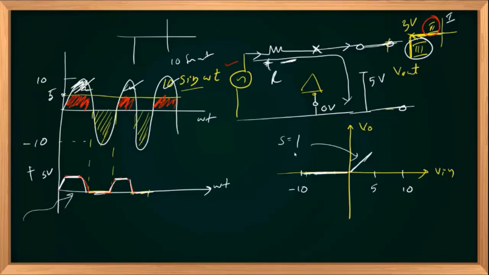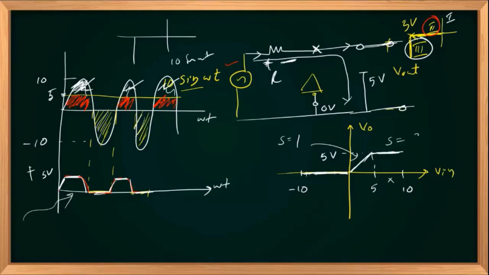Once V in crosses 5 volts and can go up to 10 volts in this particular example, V out is clipped, and that level of clipping is nothing but 5 volts. So this circuit actually clips the negative portion of the input waveform plus all the portion with V in greater than 5.